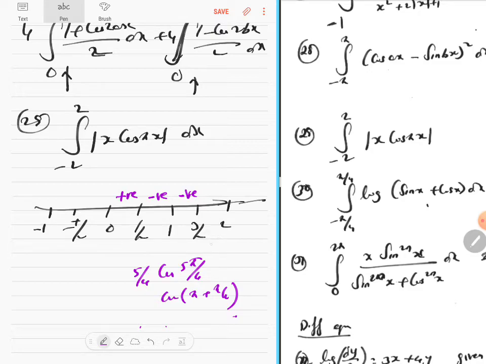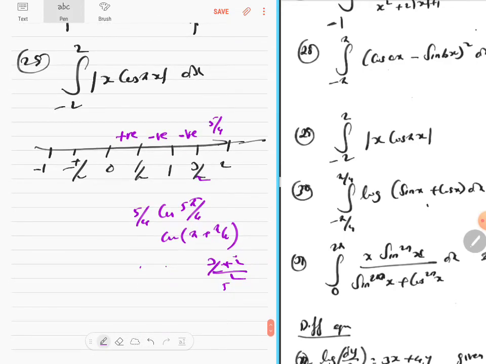And what happens between 3 by 2 and 2? It's 3 by 2 plus 2, 1 plus 3 by 2 by 2, okay, this is 7 by 4.